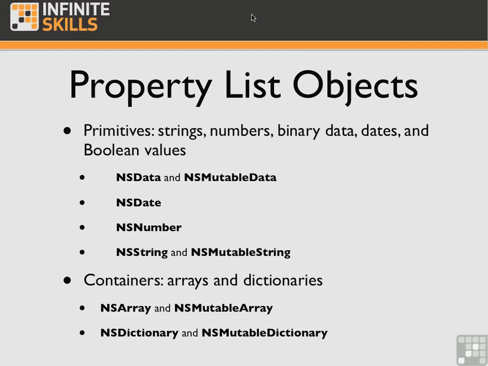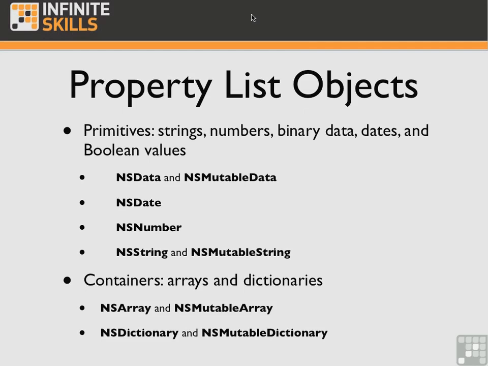One thing that differentiates property list object containers, such as NSArray and NSDictionary, besides their ability to hold other objects, is that they both have methods called writeToFile, which write the property list to a file, and a corresponding initWithContentsOfFile, which initializes the object with the content of a file.